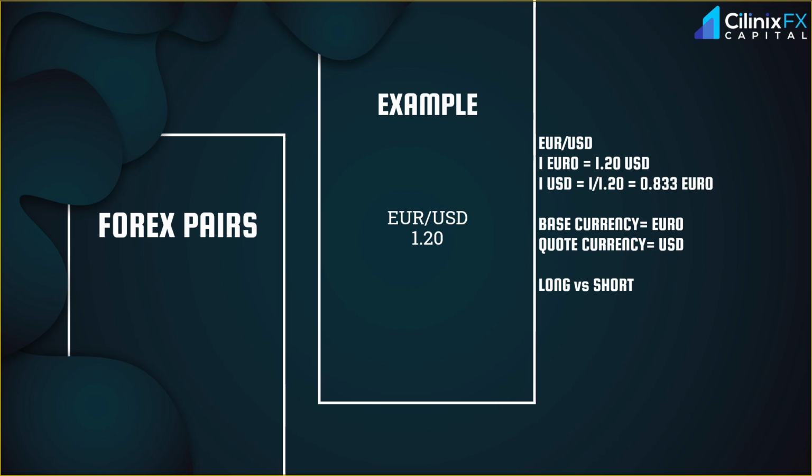In that case you would go long or buy this pair, meaning you buy the euro. But when you think that the opposite will happen, so that the US dollar will become stronger compared to the euro, you would go short or sell the pair. And when you short or sell the pair, you actually buy the quote currency, so in this case the US dollar, and you will profit when the exchange rate or the price goes down.